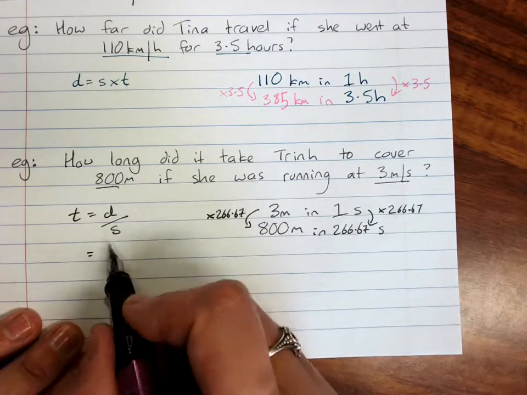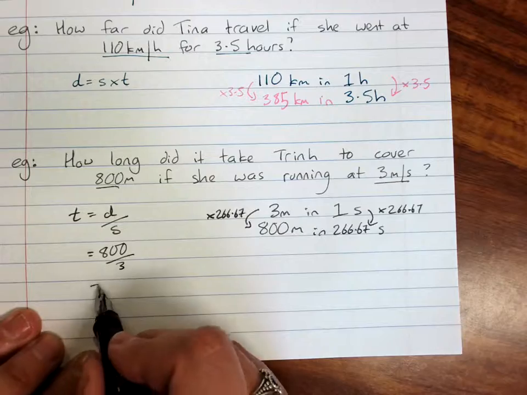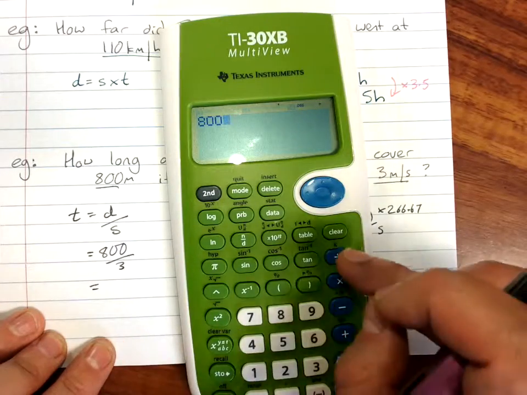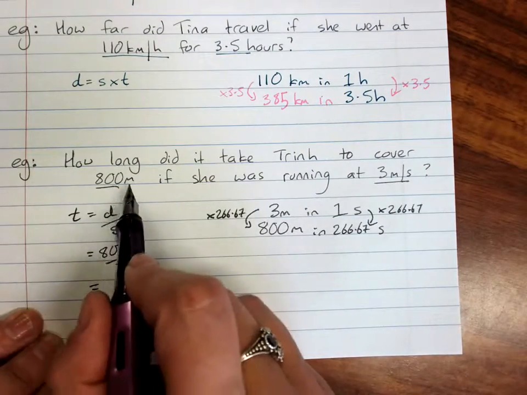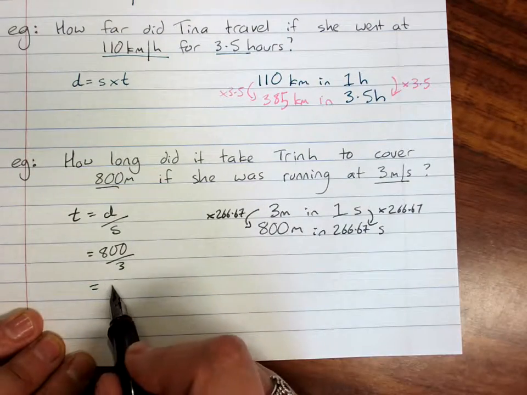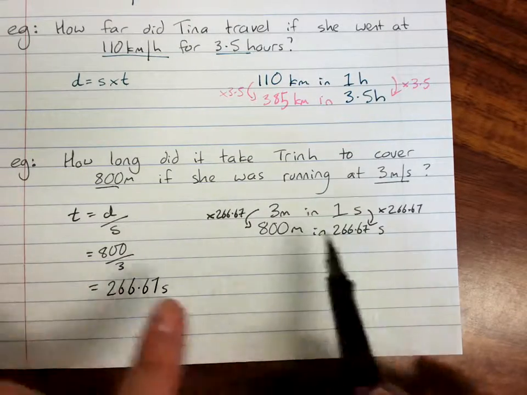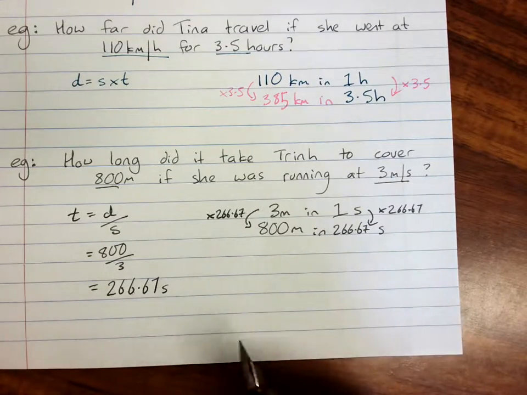Distance divided by speed, 800 metres divided by 3 metres per second. Well, we just did that. 800 divided by 3. There's our answer, and I was in metres and seconds, so the time's going to be in seconds. So either method gives me the same answer. Either method is fine. It's whichever one works for you.